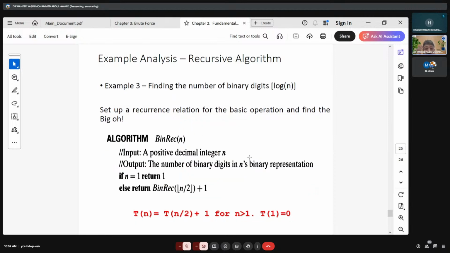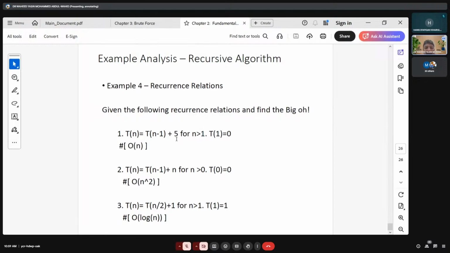Finding the number of binary digits. I think we had this exercise in our chapters in the PowerPoint. We did this one. Example, recurrence relation.